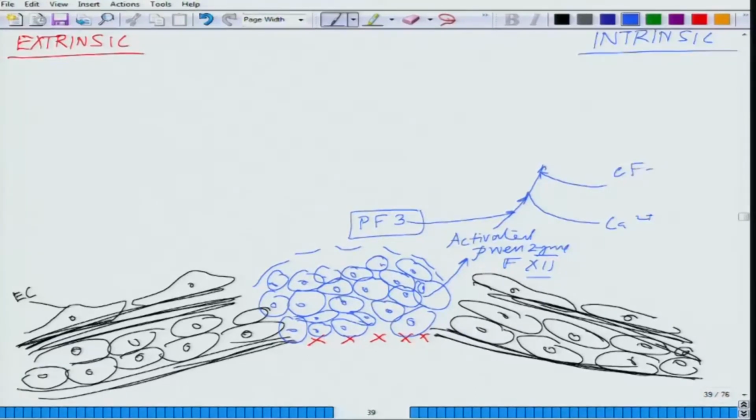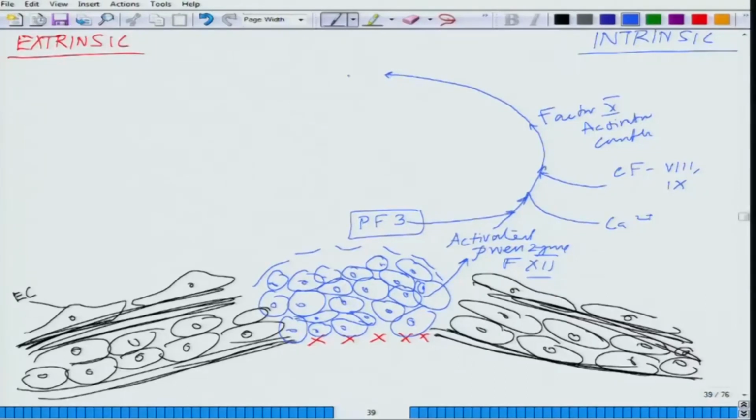CF stands for clotting factor 8 and clotting factor 9. Clotting factor 8 and clotting factor 9 further with clotting factor 10 activator complex initiates the reaction, and this eventually leads here.